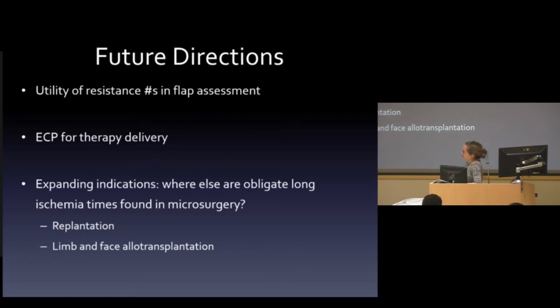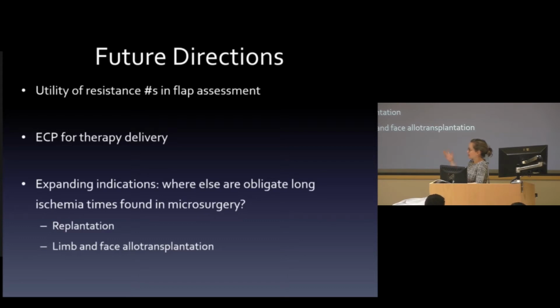Andrew kind of mentioned this as well, but use of perfusion for therapy delivery is also a very exciting and new topic. For flap surgery specifically, again for takebacks, the ability to take a flap out of the patient, put it on pump, and flush it with thrombolytics that aren't then exposed systemically could be hugely useful.